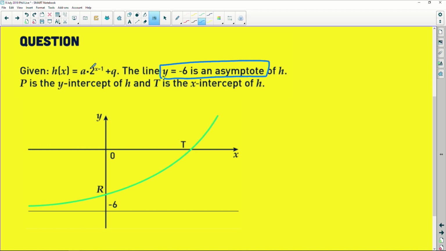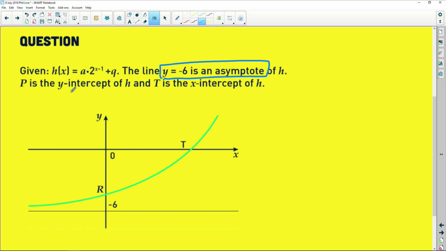Because remember, in your exponential function, which is what this function is, that q value is always given to us as the horizontal asymptote, because this expression can never equal 0. 2 to the power of anything will never equal 0. So with this exponential function, because this can never equal 0, it will never touch this line y equals q. So this horizontal asymptote of y equals negative 6 gives us our q value. That asymptote is very important.